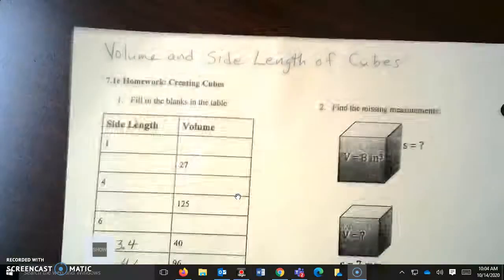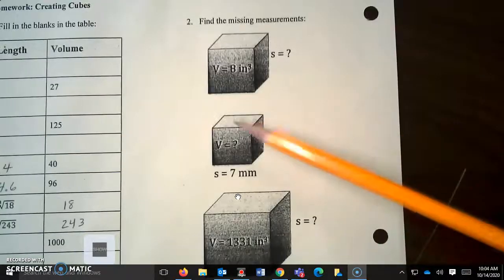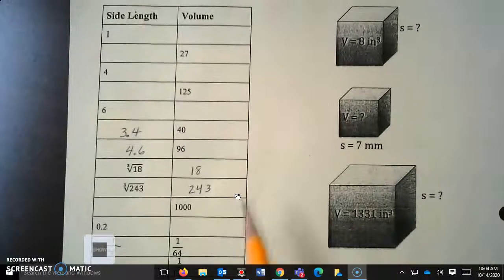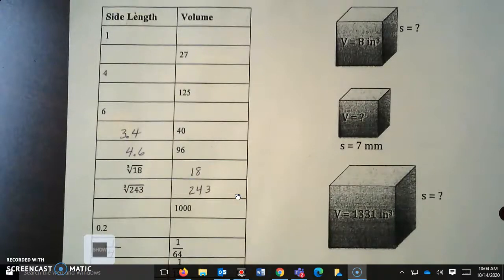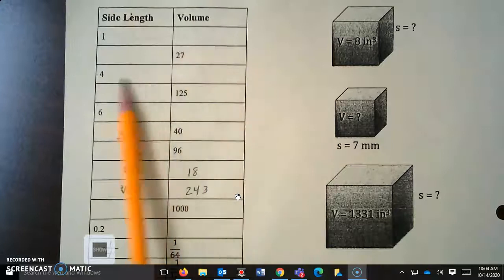Okay? So on the assignment, it's going to look very similar. Right? You're given the volume. What's the length of the side? You're given the length of the side. What's the volume? The table. I filled in the ones that might seem a little strange. I did a couple of the decimal ones for you. So to go this direction, cube the number.